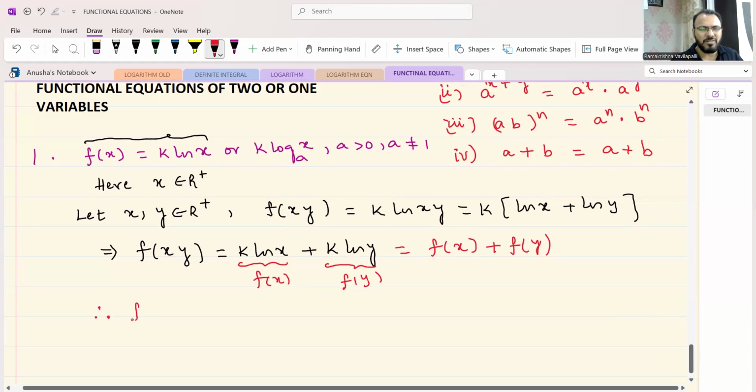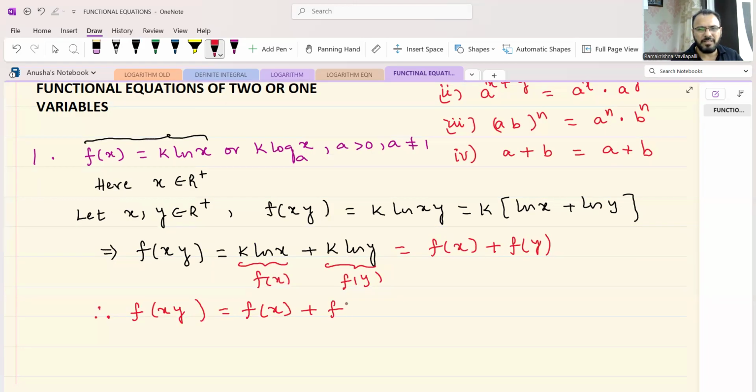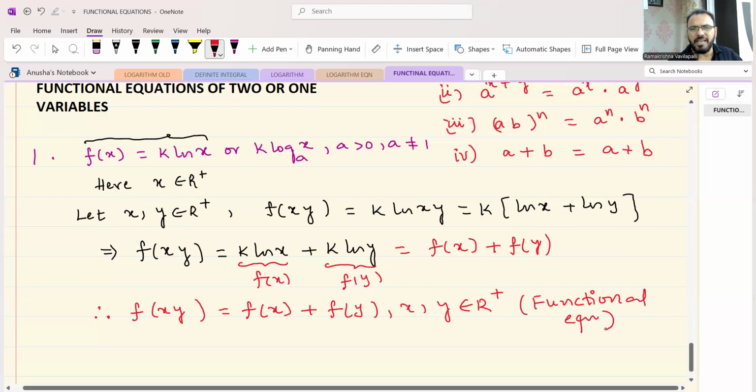Therefore, which function satisfies this equation? This is the relation where x, y belong to R plus. It is called a functional equation, an equation involving unknown functions.